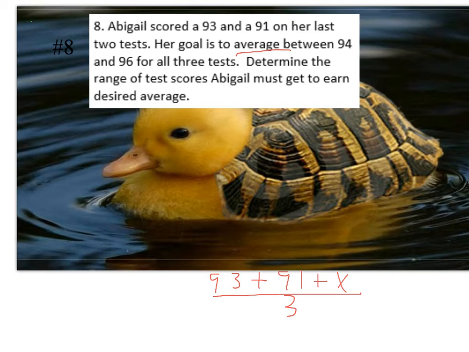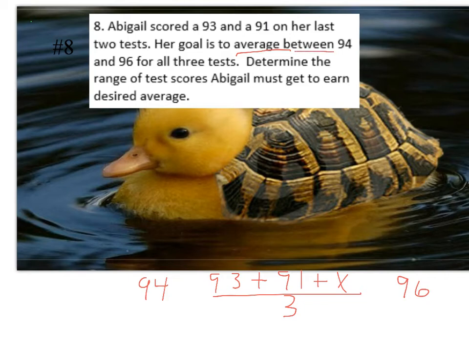Now, we want this average to be between 94 and 96. 94 is the low value. So if you compare this to the question we just did, it's sort of similar in that we put 94 and 96 as the extremes. Now we've got to read this carefully.